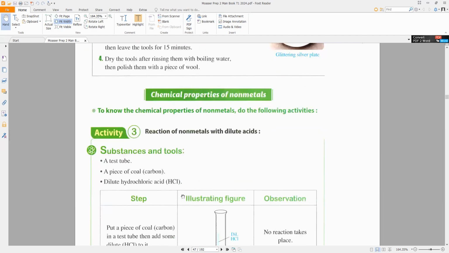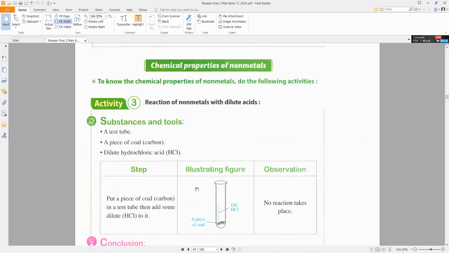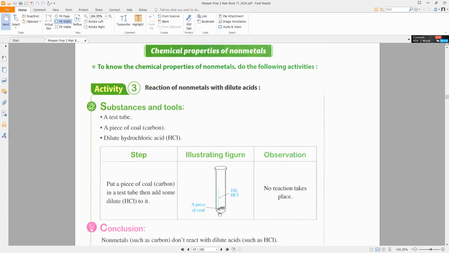What about non-metals? Non-metals react also, with nitric acid and oxygen, like metals. When we put a piece of coal, which has carbon, like the coal that we use in a barbecue party to cook meat or chicken, the coal is made of carbon element.